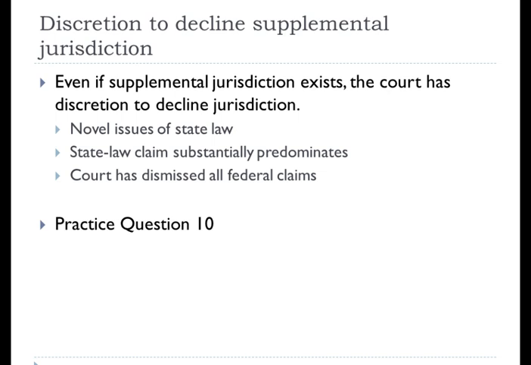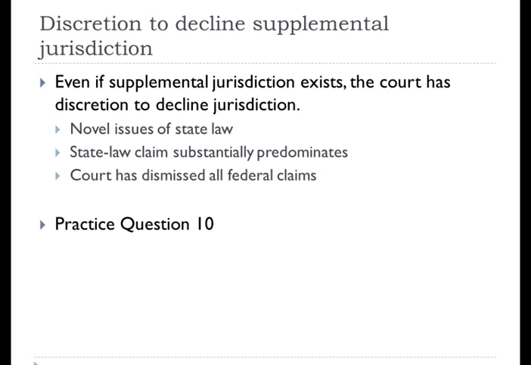Now, even if the court, after all of that, has supplemental jurisdiction over the wannabe claim, the court still has discretion to decline to exercise that supplemental jurisdiction. And this is the third section of the supplemental jurisdiction statute.